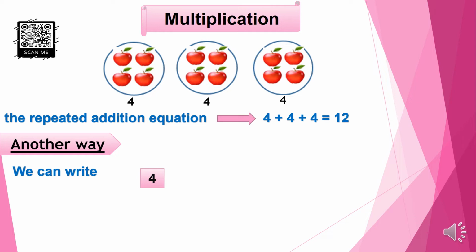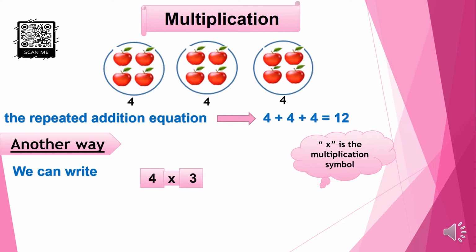I will write 4, then the symbol of multiplication. Do you know the symbol of addition? It's a plus. But the symbol of multiplication is called times. So we will say 4 times. How many times I repeated 4? 3. So 4 times 3.